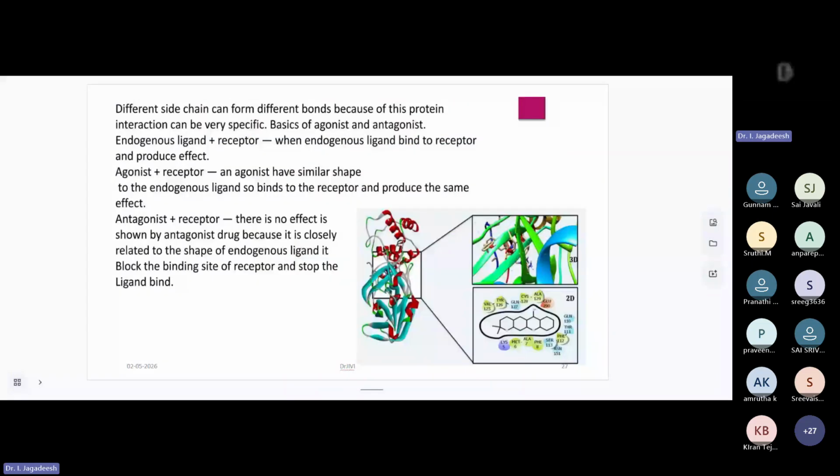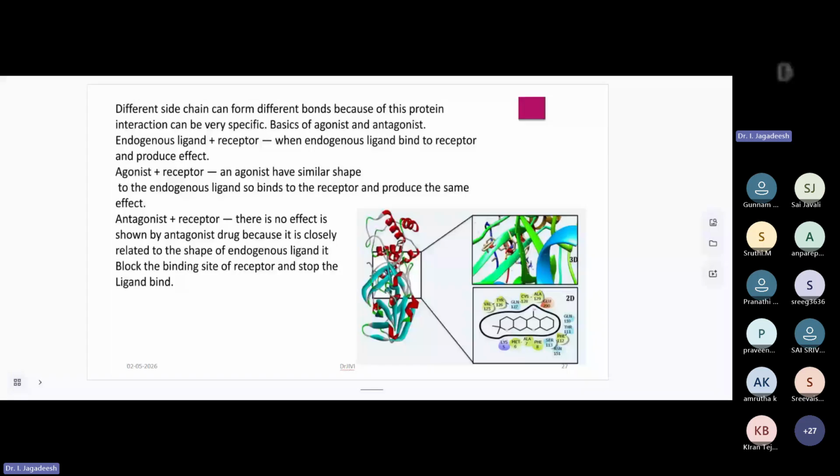So in this particular journey, different side chains can form different bonds because of the protein interaction. This is also specific with respect to the hydrogen bond donors and acceptors.